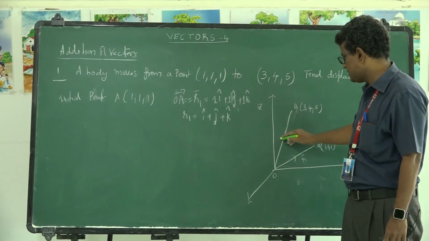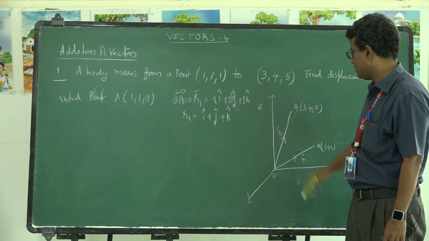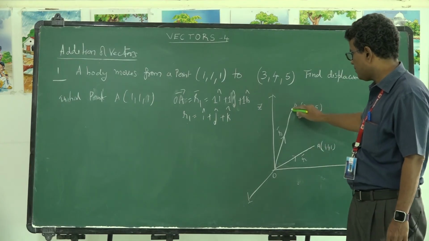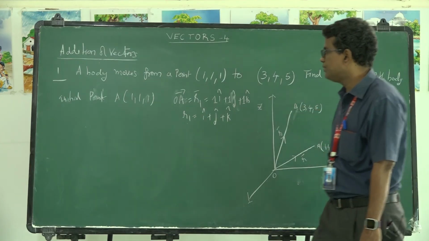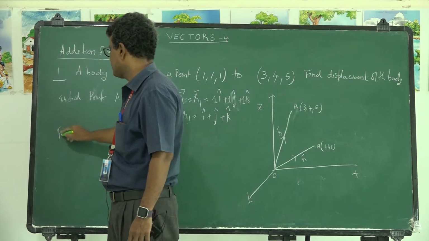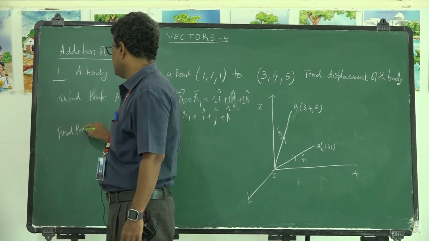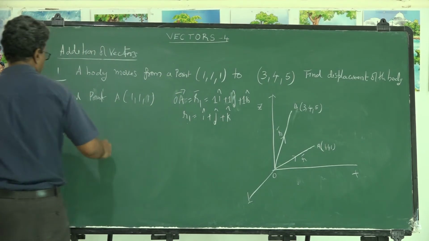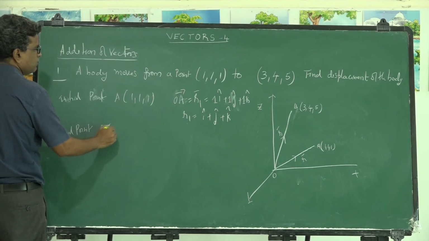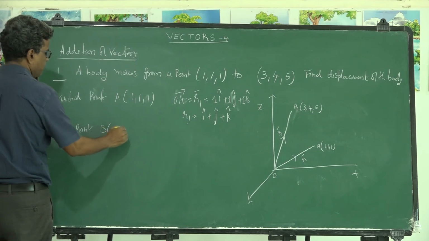Now this is the second vector, r2 bar. The final point is B, which is 3, 4, 5.